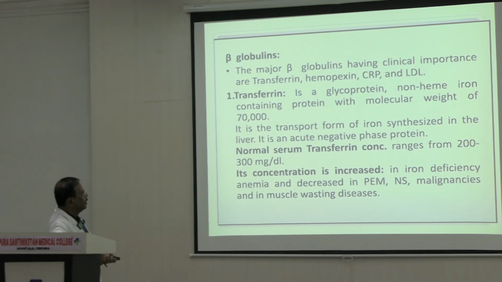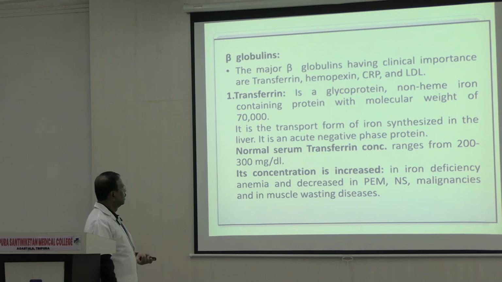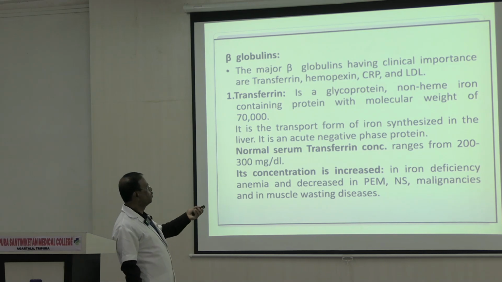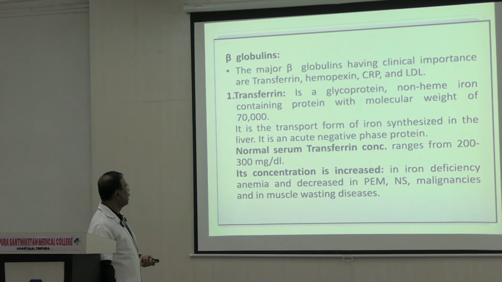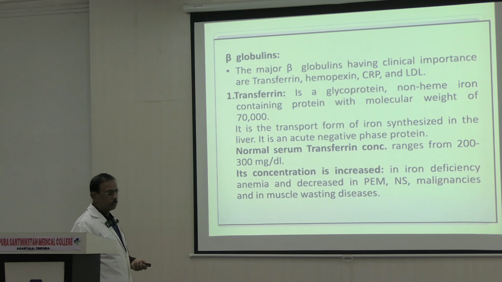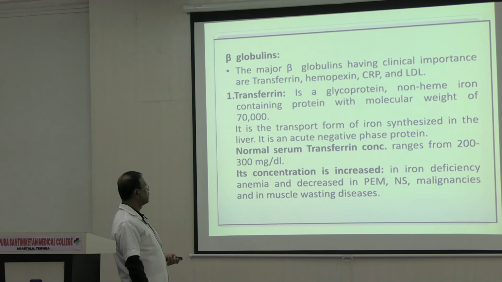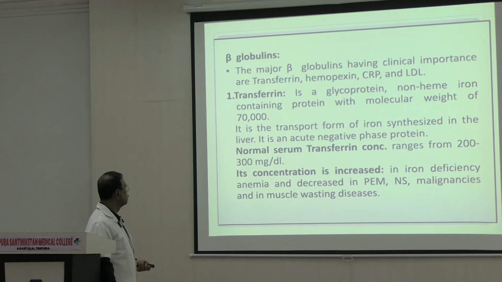Transferrin is a glycoprotein, non-heme iron containing protein, molecular weight 70,000. It is the transport form of iron, synthesized in the liver. It is a negative acute phase protein. Normal serum transferrin concentration ranges from 200 to 300 milligram per deciliter.